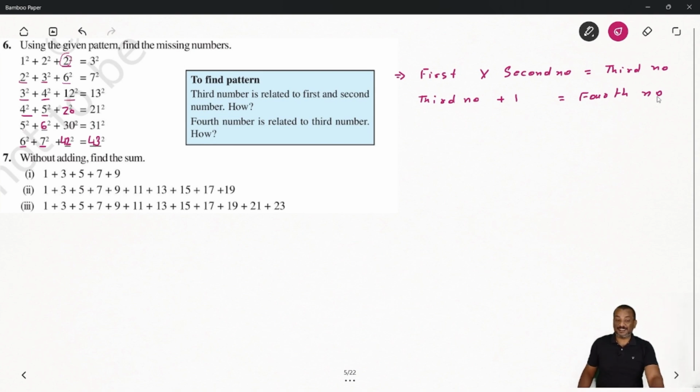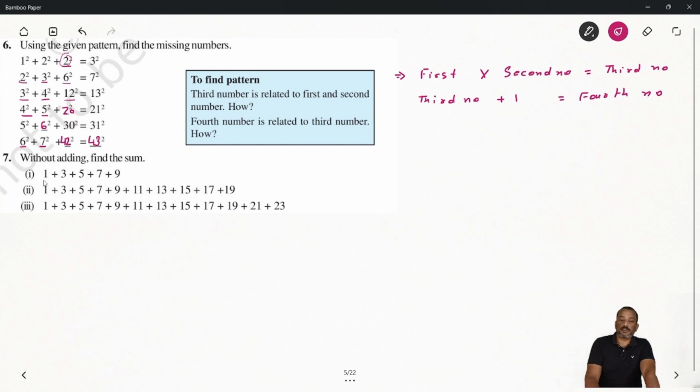Now, coming to the seventh one, it says without adding, find the sum. So remember, we have seen one property that for any odd numbers, their sum is equal to the number of odd numbers we are taking.